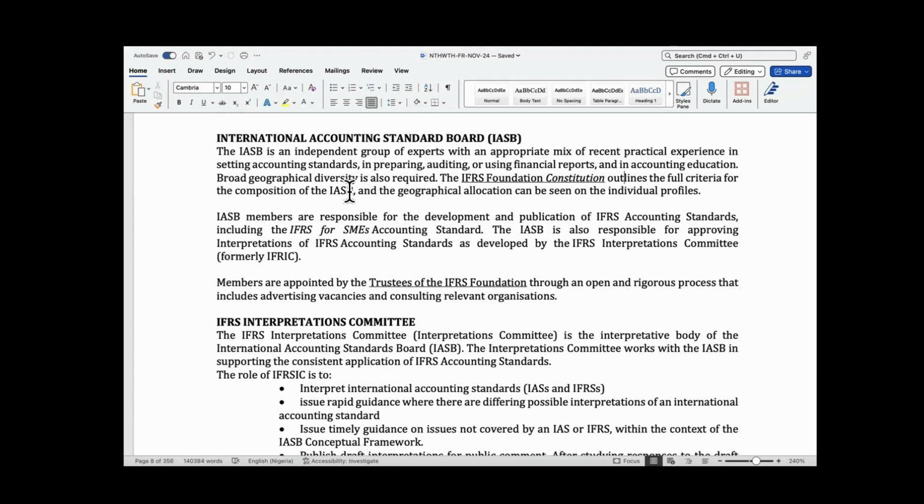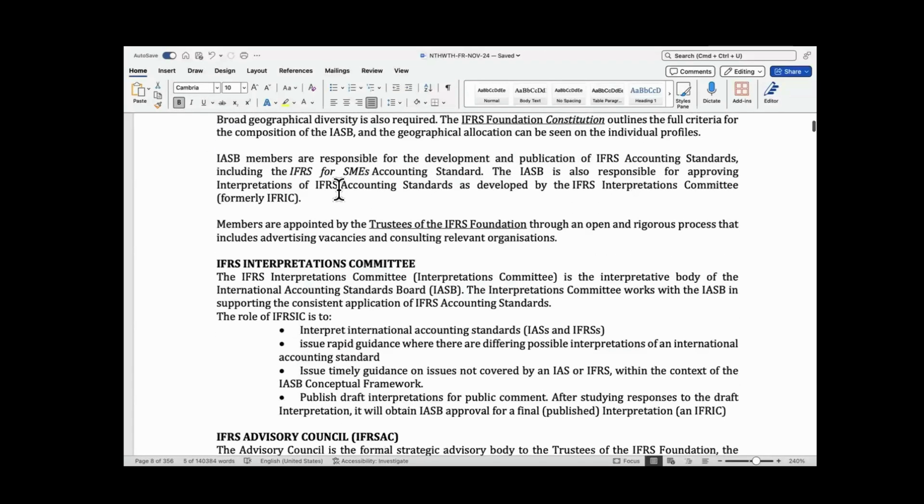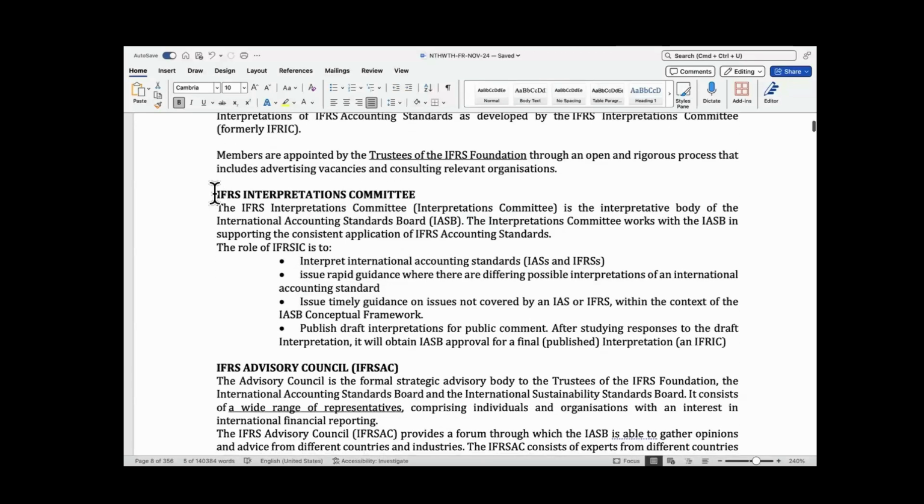But for your exams, know that it's the IASB that is responsible for developing IFRS and also IFRS for SMEs and also IFRS interpretations. Now, you see, this ISB too, they now have workers, people under them.